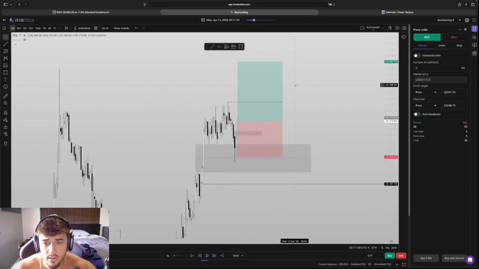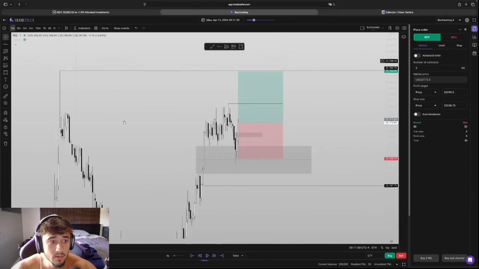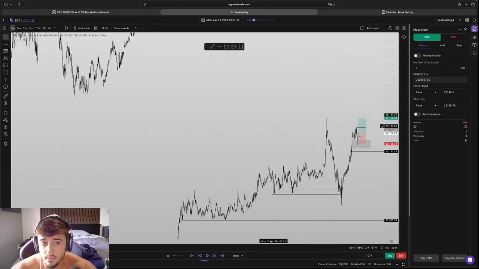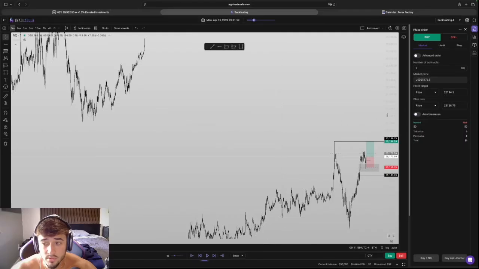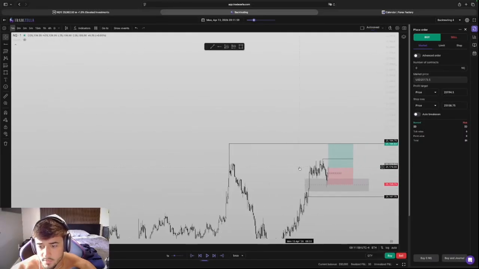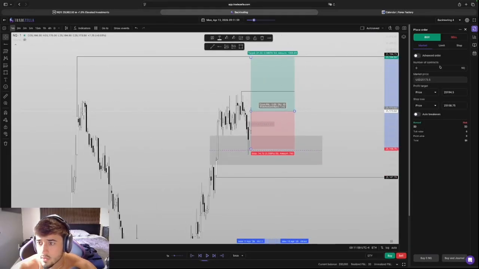I would go break even after this break for sure, and then ultimately I will target this high right here, and the market will continue to move up for sure. All right, I really like this trade. I'm probably gonna go heavy on this. Let's see how much.